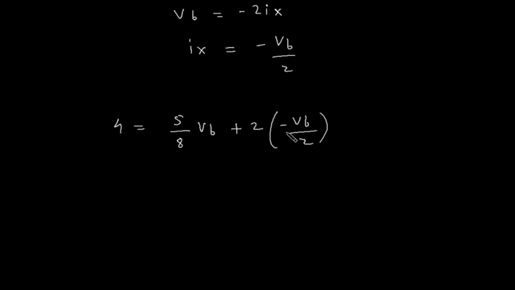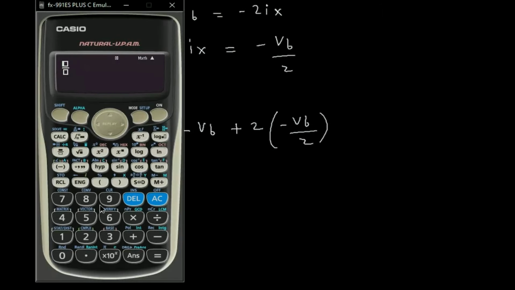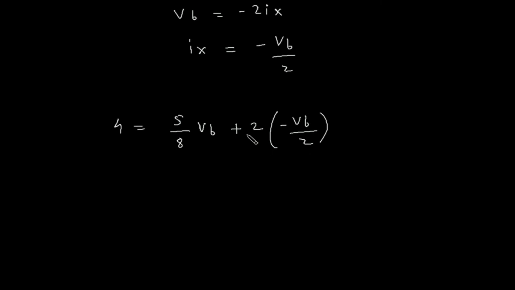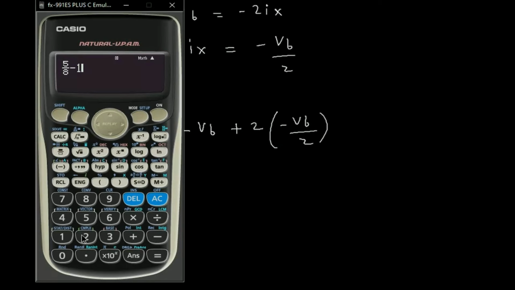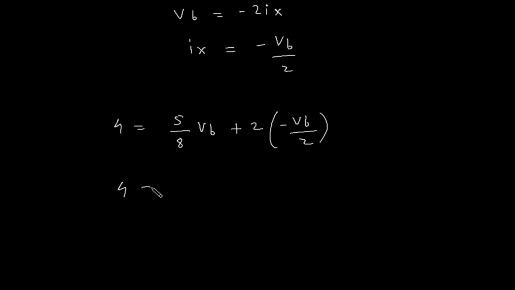From this we can find the value of Vb. So this will be 5 by 8, then directly this 2 and this 2 will get cancelled. So minus 1. 5 by 8 minus 1, so minus 3 by 8. 4 is equal to minus 3 by 8 Vb.